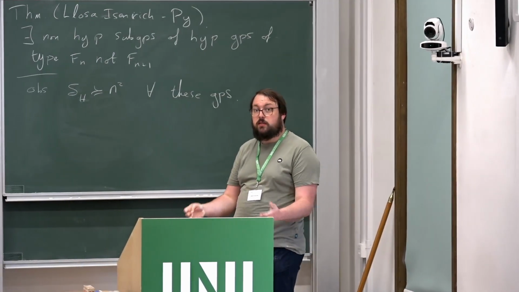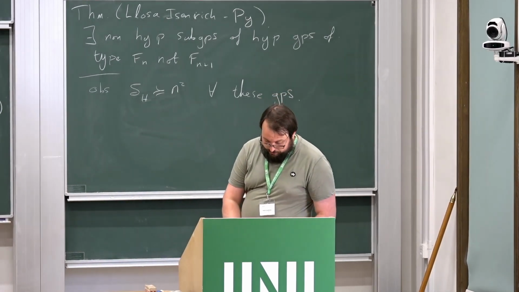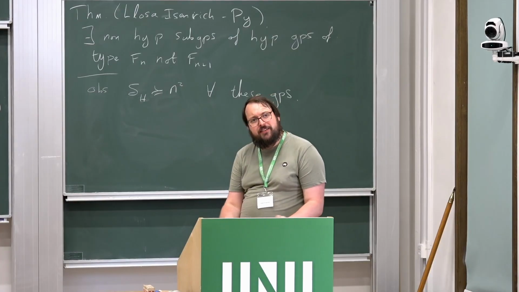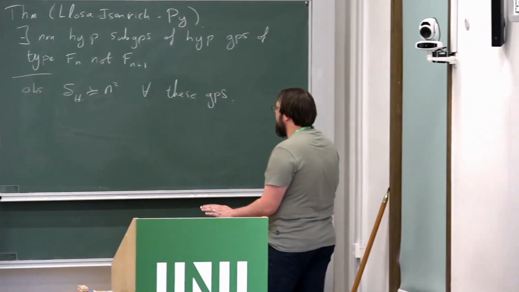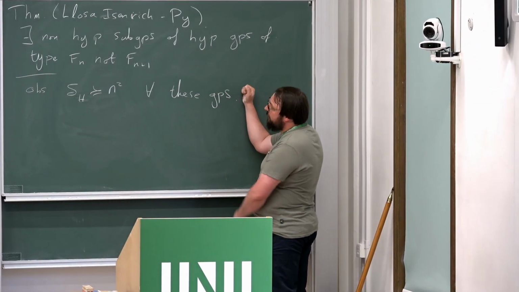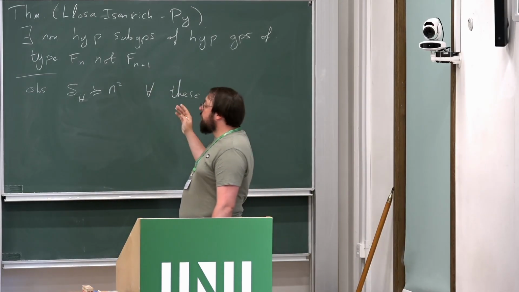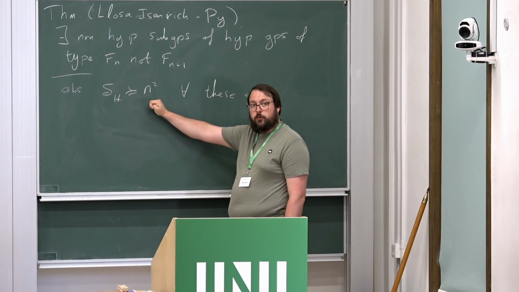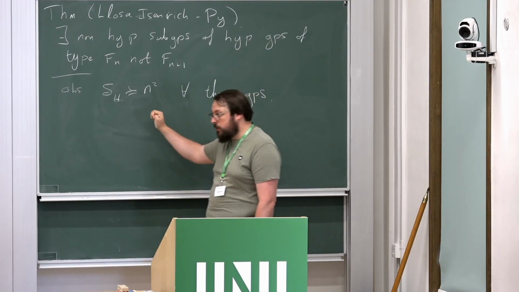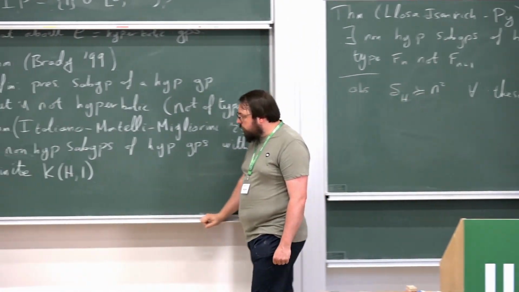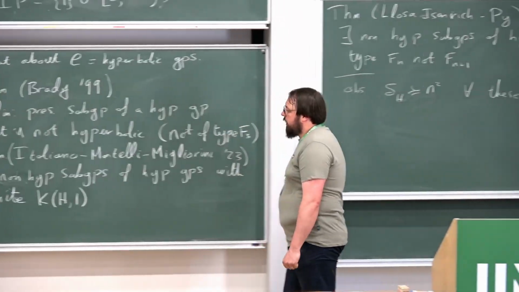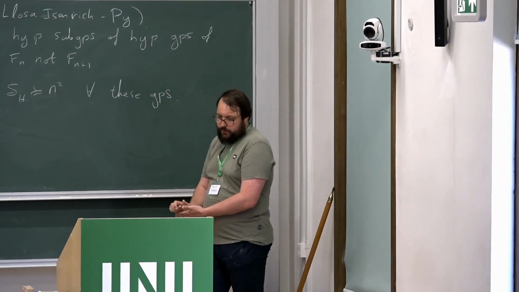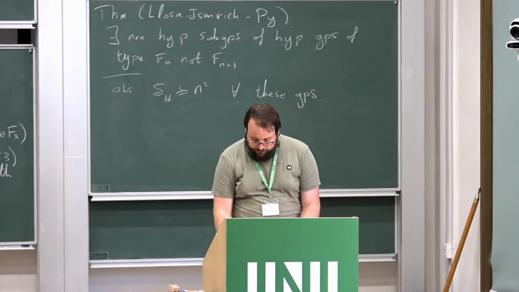You can say n squared just because they're not hyperbolic. And very sadly, that's where the lower bounds end. Okay, this is really all we know, right? So for any of these groups, if you can come up with some method which gets you a better lower bound than this, even n to the 2 plus epsilon would be an amazing improvement. The techniques we have are really not able to get our hands on these lower bounds. So today I want to talk about upper bounds.